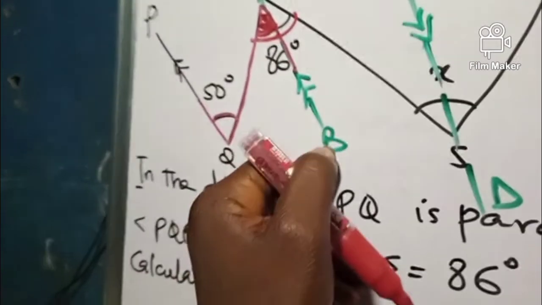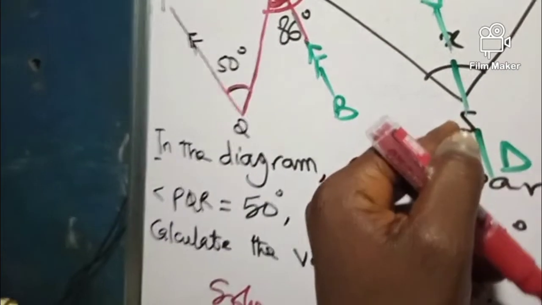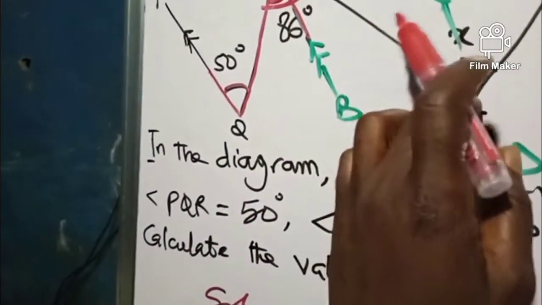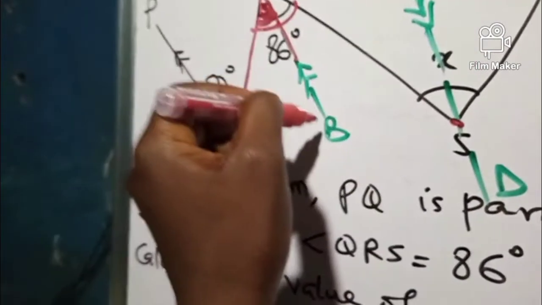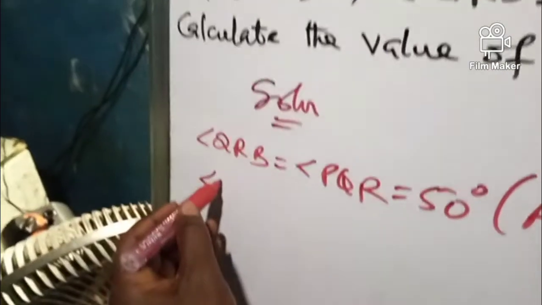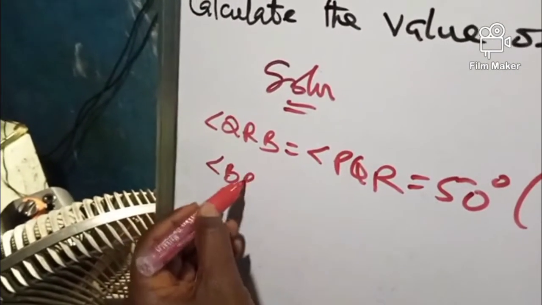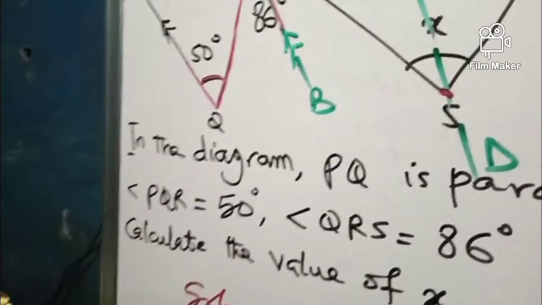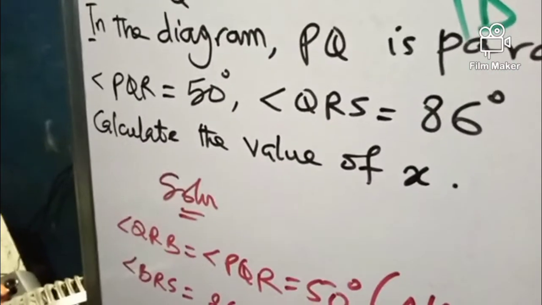So to get BRS, angle BRS will be equal to the total angle here, which is 86, minus this small one here, which is 50 degrees.